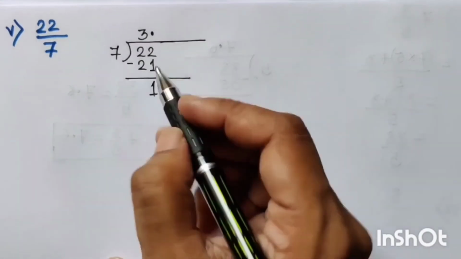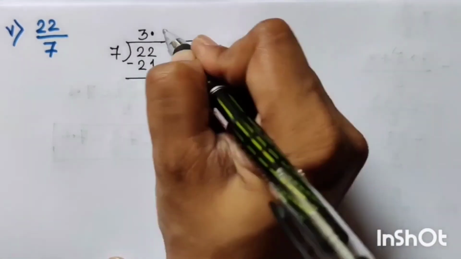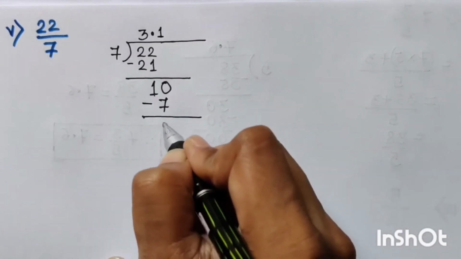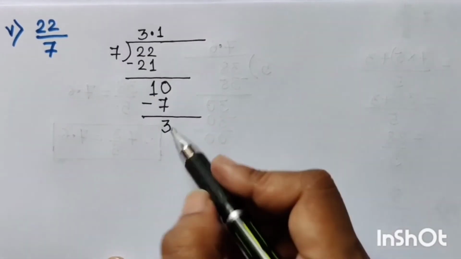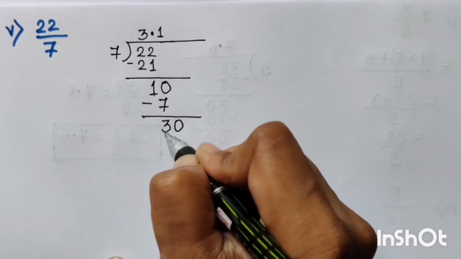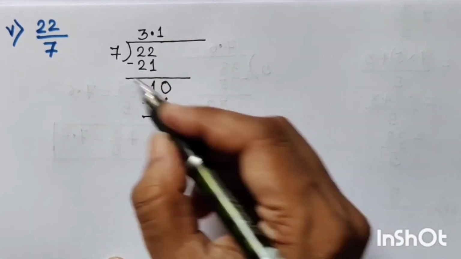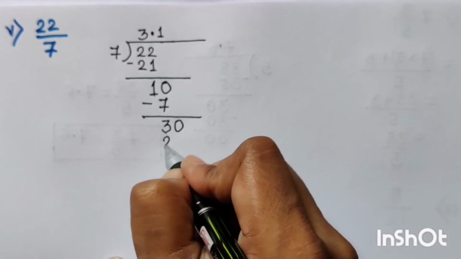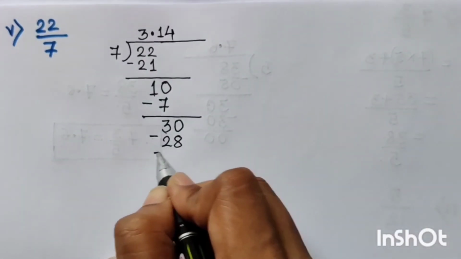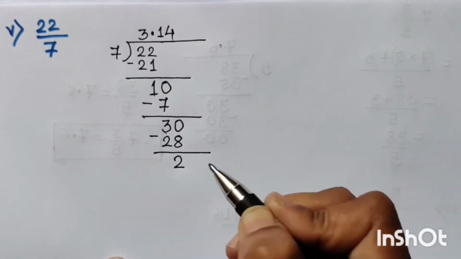Now divide 10 by 7. We will write 7 ones are 7. 10 minus 7, 3 is the remainder. That means it is not 0. That means we have to put 0 after this 3. Now divide 30 by 7. 7 4s are 28. 2 is the remainder.